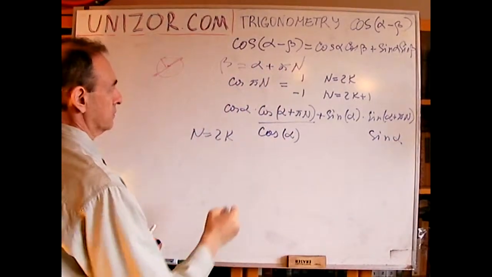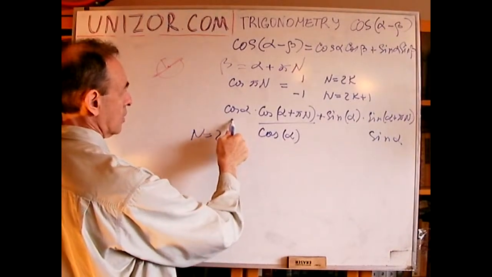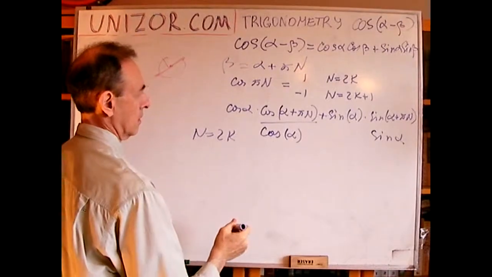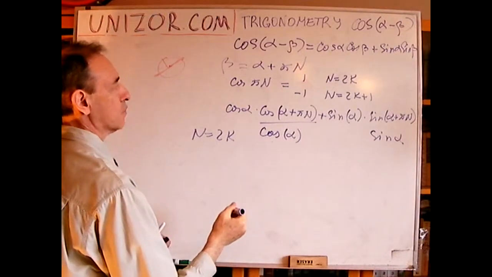So I will have cosine square plus sine square, and the result is 1.